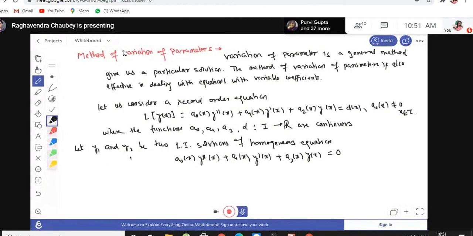If you assume that y1 and y2 are solutions of that differential equation.